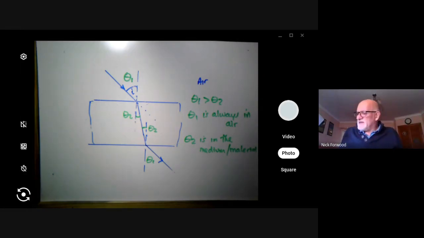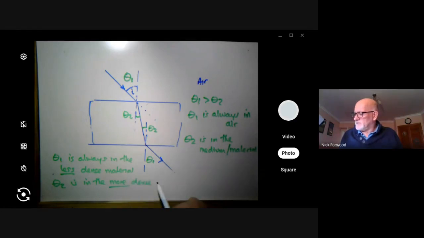In terms of density, air is not very dense and glass is. So theta 1 is in the less dense material, and theta 2 is in the more dense material, and the more dense material slows the light down.